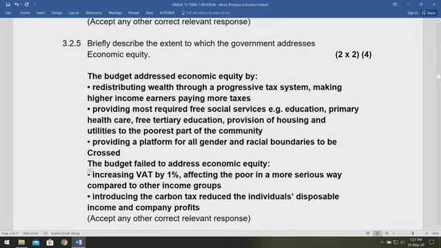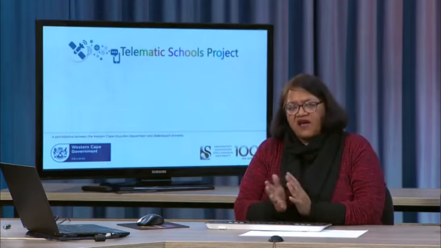So, yes, the top part here deals with the benefits or the positives regarding the way in which they address economic equity, and the bottom here deals with how they have not addressed it. Okay, so the other thing, students, you have to bear in mind is not to get confused between the concepts of economic equity and income equity, right? I find that sometimes people do not know the difference between economic equality and income equality, okay?